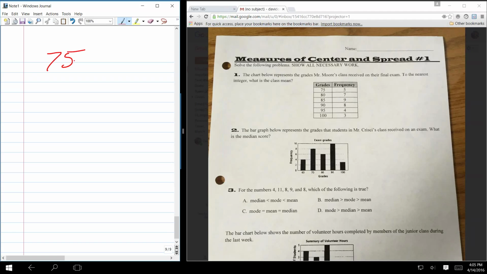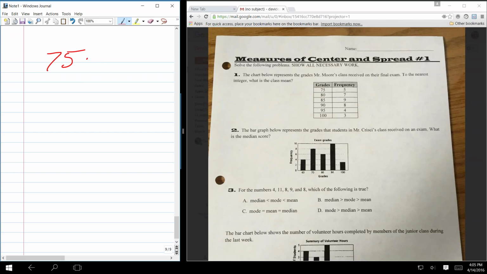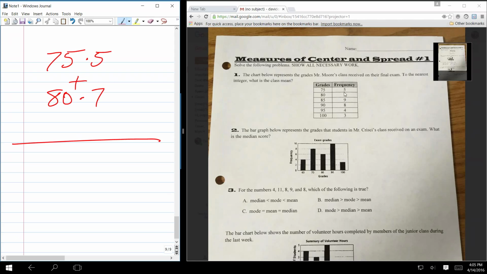Notice that there are more people that scored 85 than there were that scored 75. So you can't just add up the 75s and the hundreds. In other words, you need to add 75 times 5, and then 80 times 7, and so forth and so on, and divide the whole thing by what? By how many students there were.